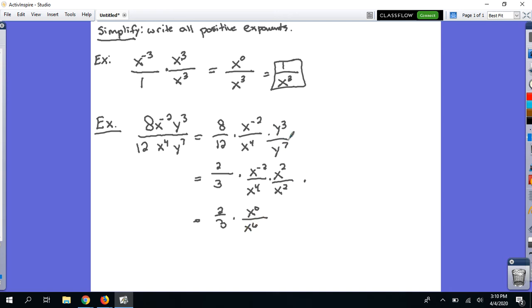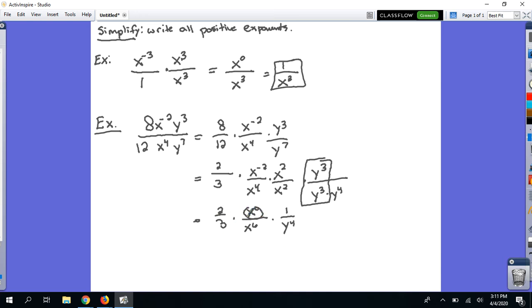Now let's take care of these y's. There are more y's being multiplied together in the denominator. So I'm going to split y to the 7th as y to the third times... We accounted for 3 of the 7 y's there, so we need 4 more being multiplied there. Y to the third divided by y to the third is 1. So we're going to have 1 over y to the fourth. Okay, now we get back here, and we're just trying to condense these back into a single fraction.